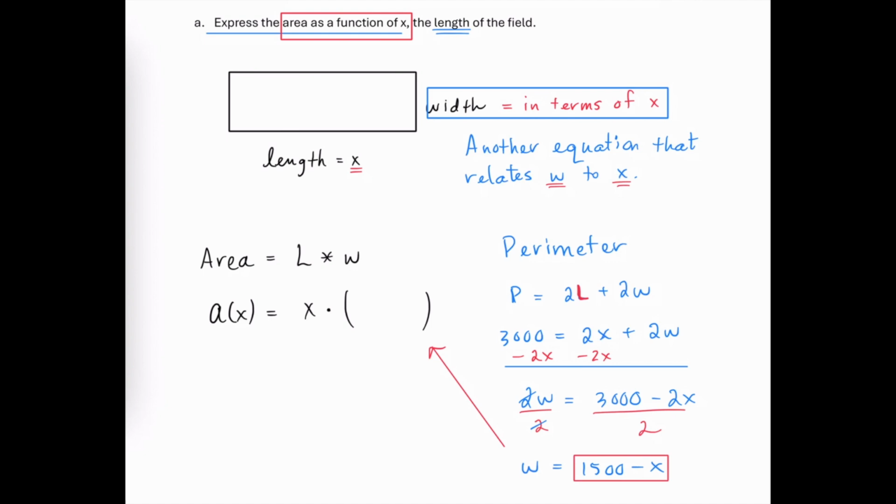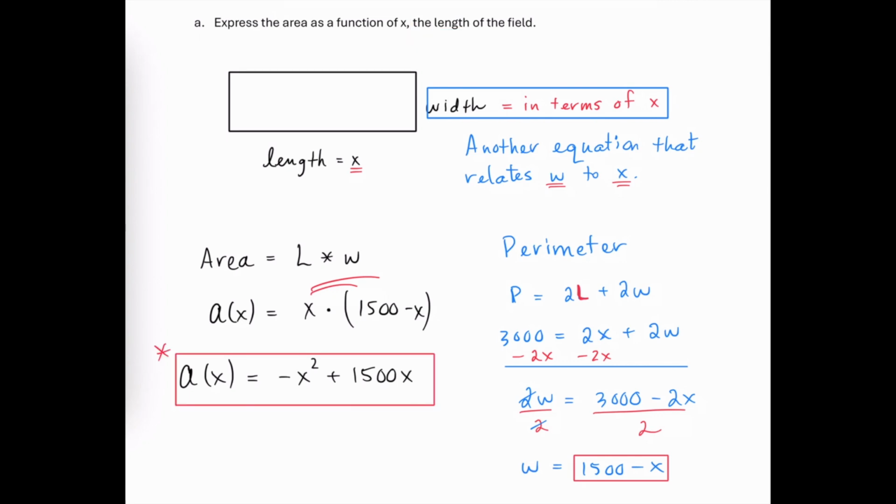So we'll substitute that in for w in our area function. Let's distribute this x in order to simplify our area function. And we'll also write it in descending order, which means that it'll be negative x squared plus 1,500x.